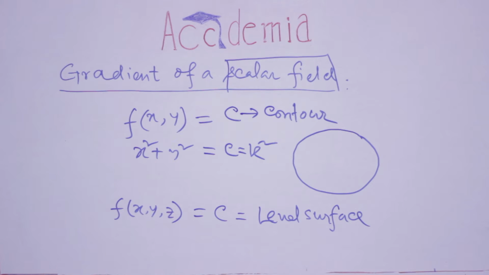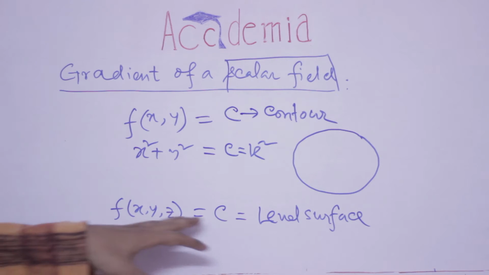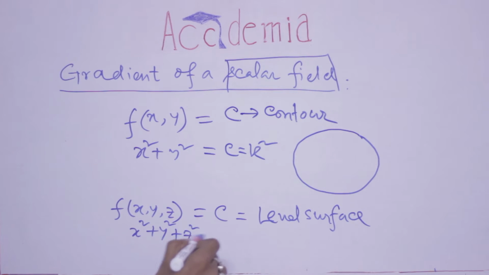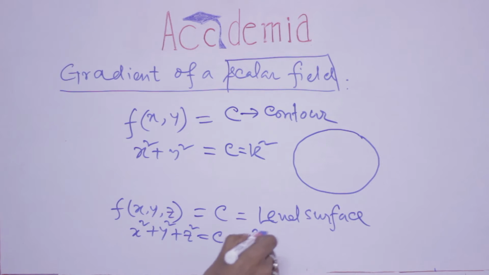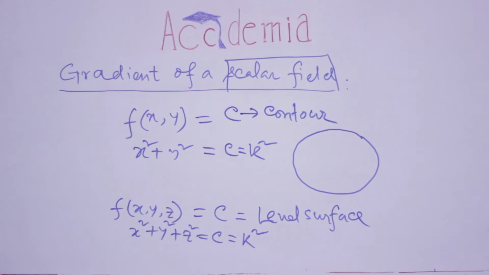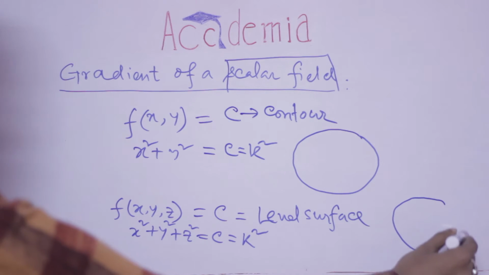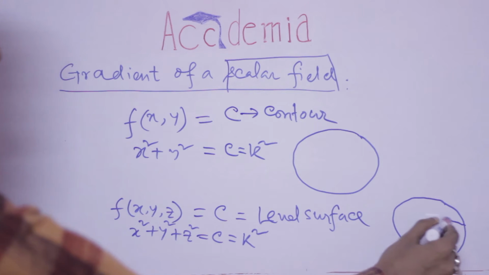For a three-dimensional region of points, say f(x, y, z) is equal to x square plus y square plus z square equals c equals k square. Then it is the equation of a sphere, that is a spherical surface.